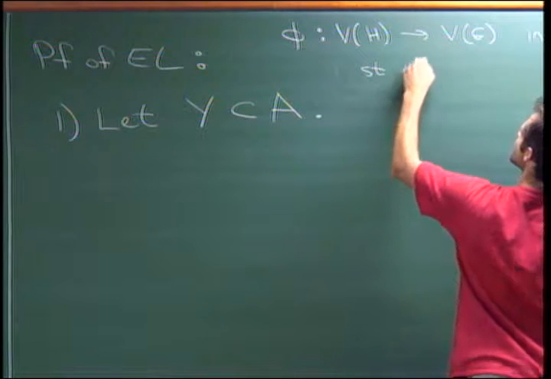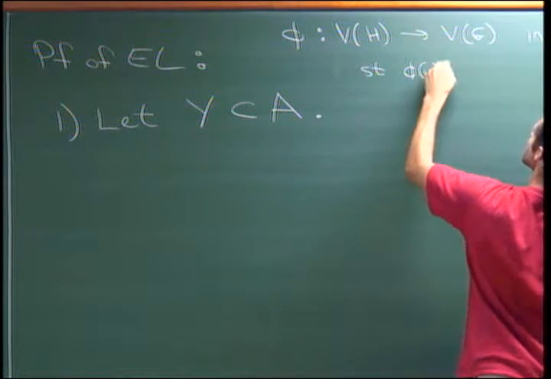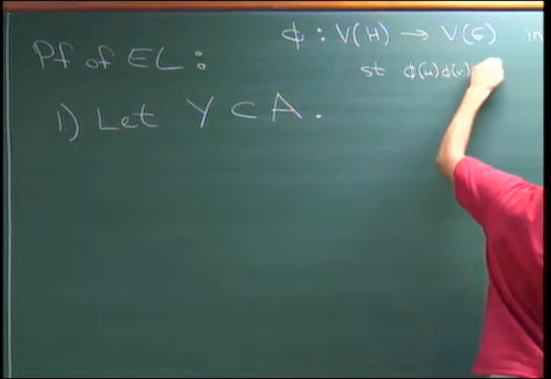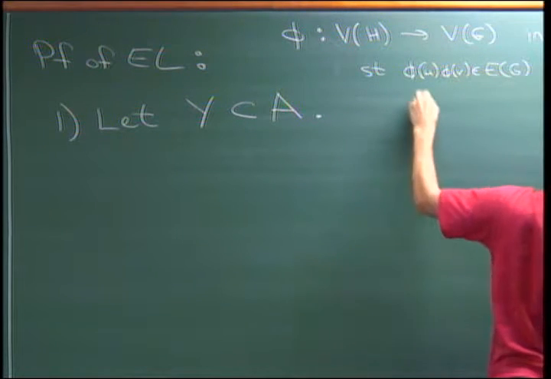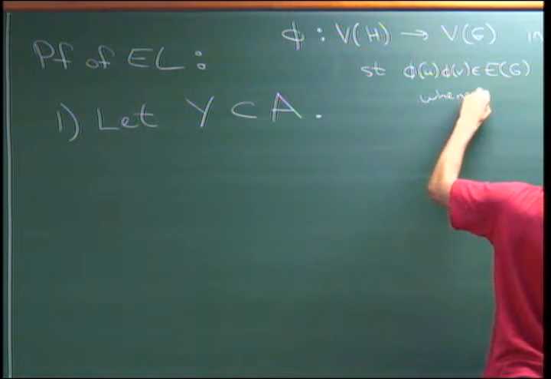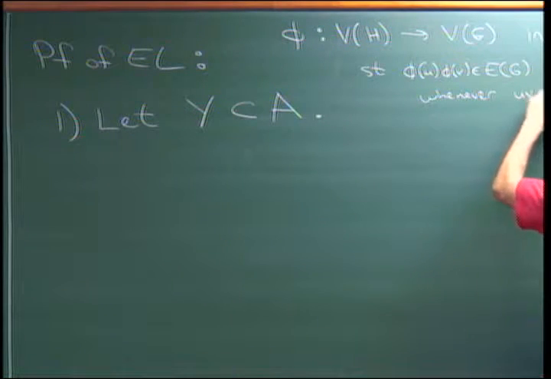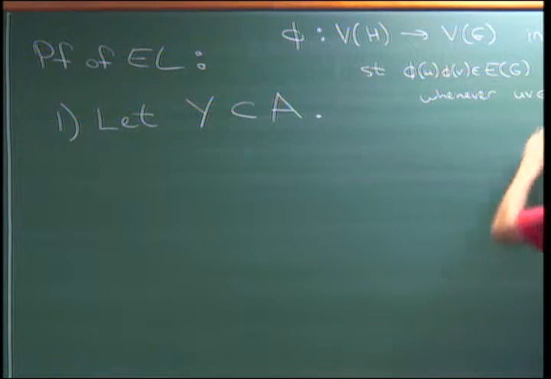Such that phi of U, phi of V is an edge of G whenever UV is an edge of H. This is what we want.